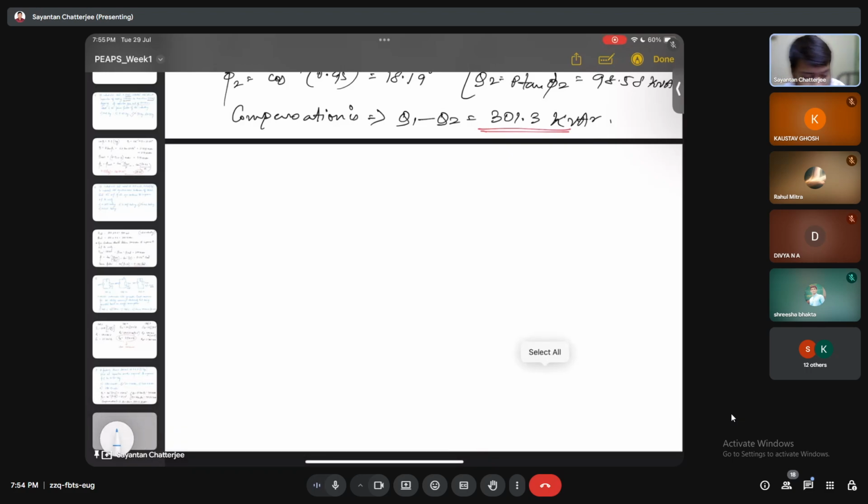Okay, let's solve this one. This will sum up today's session. So kind of similar. A load draws 100 kilowatt at 0.7 lagging power factor.